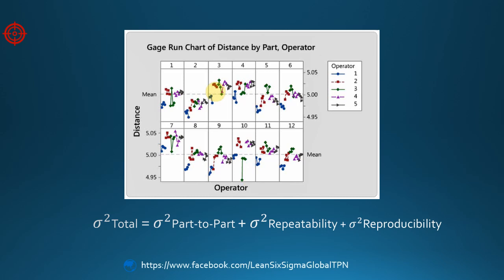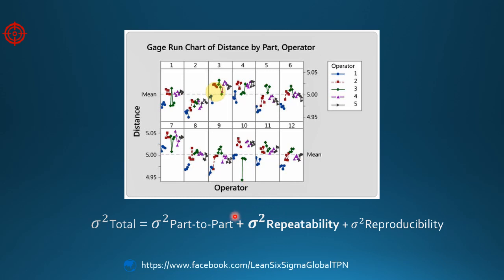Recall that the measurement system variance component can be further divided into repeatability and reproducibility variation. We'll first evaluate the repeatability variation and use the gauge run chart that we saw earlier to help us. Repeatability is the variation observed when the same operator measures the same circuit board multiple times.